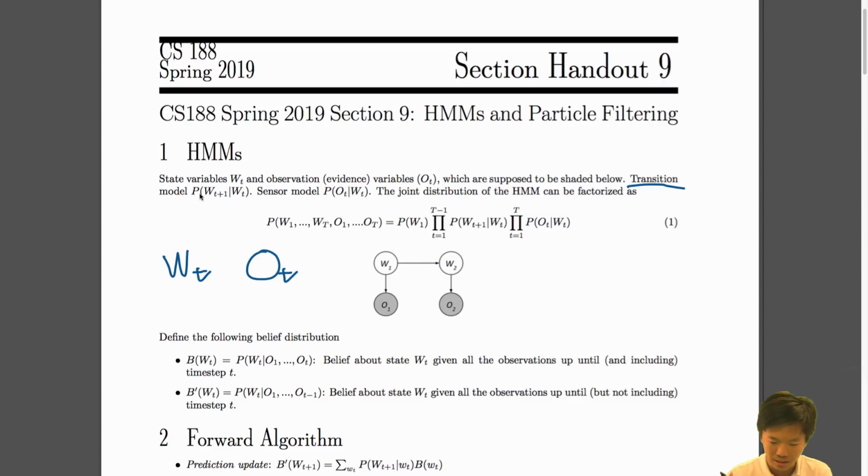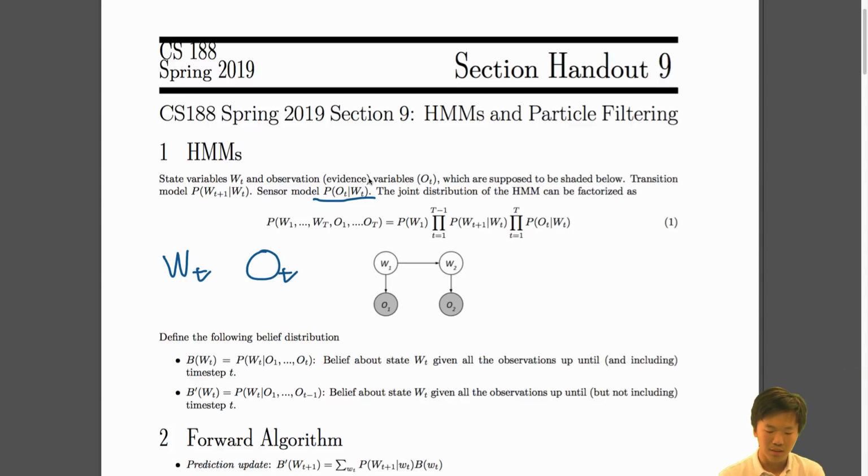And then the next building block will be the sensor model, which is the probability table of P(O_t | W_t).